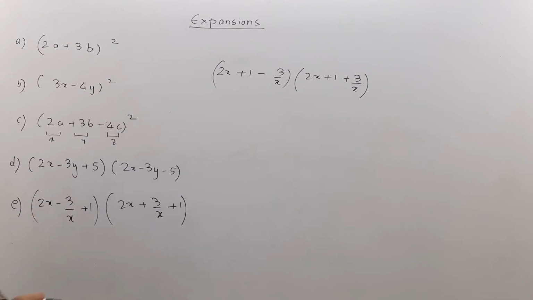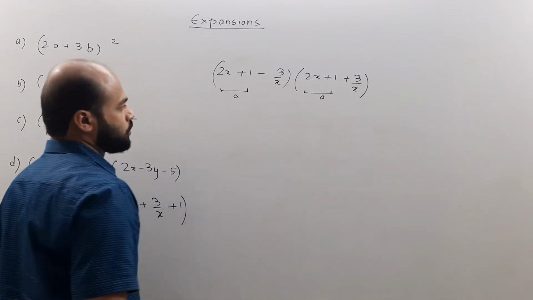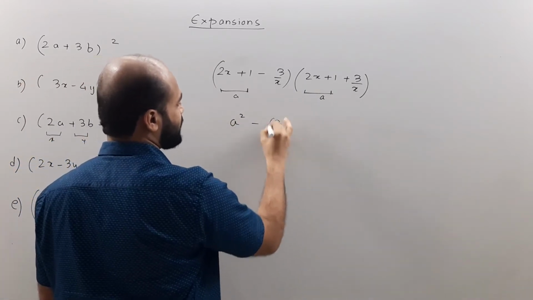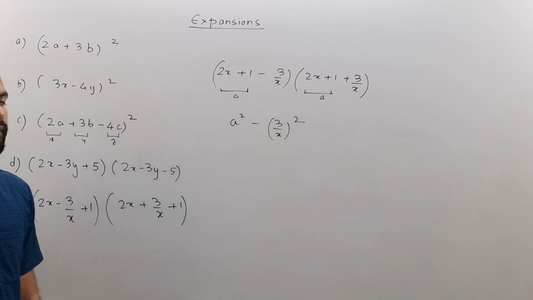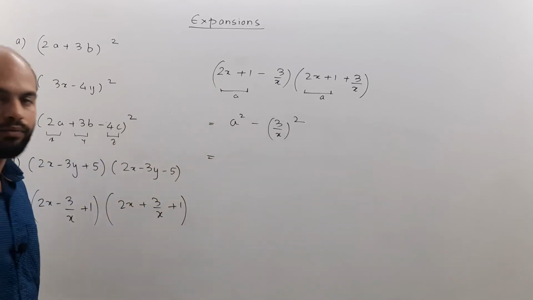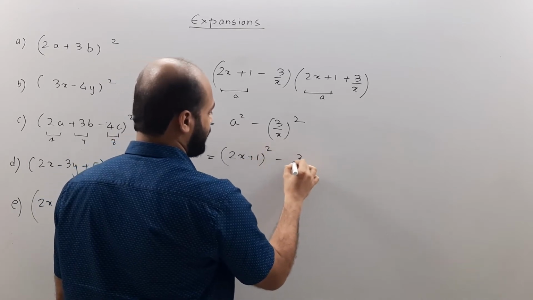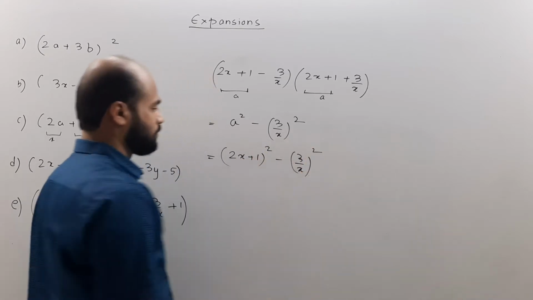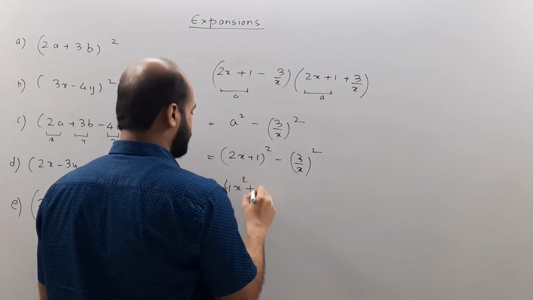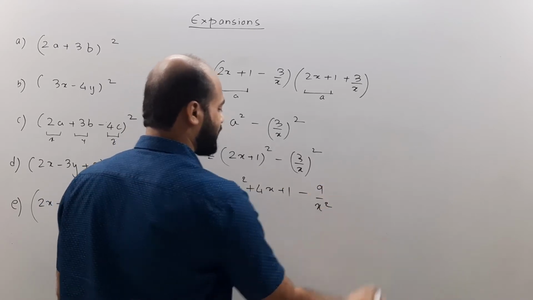So now when we multiply this we can take 2x plus 1 as some A. So it becomes A square minus (3 by x) the whole square. But A is 2x plus 1, so we'll resubstitute. So now we can comfortably expand and we get it as 4x square plus 4x plus 1 minus 9 by x square.